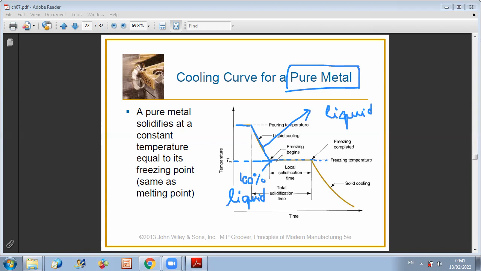The more you advance in time, the percentage of liquid will decrease and the percentage of solid will increase until reaching complete solidification. Here you have 100% liquid, 0% solid, while at the end of this phase, you will have 100% solid and 0% liquid. At any point in between, you have a mixture of both phases and you have constant temperature.